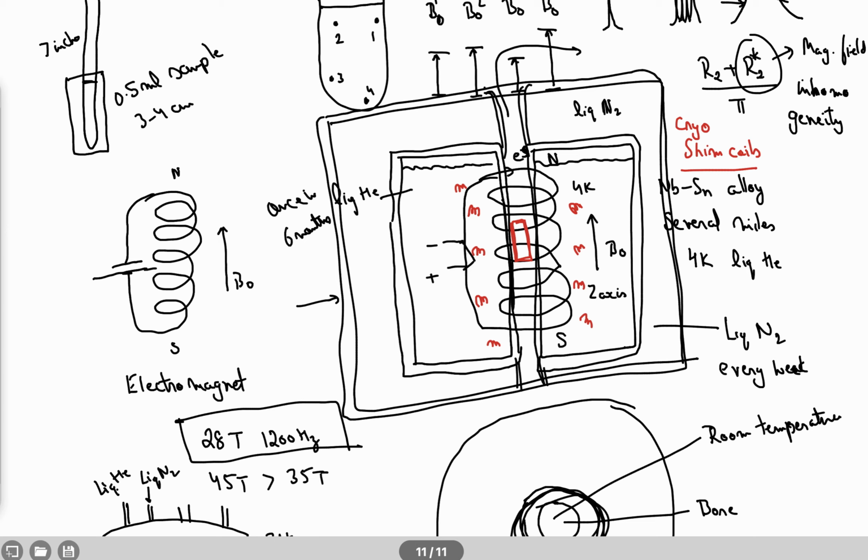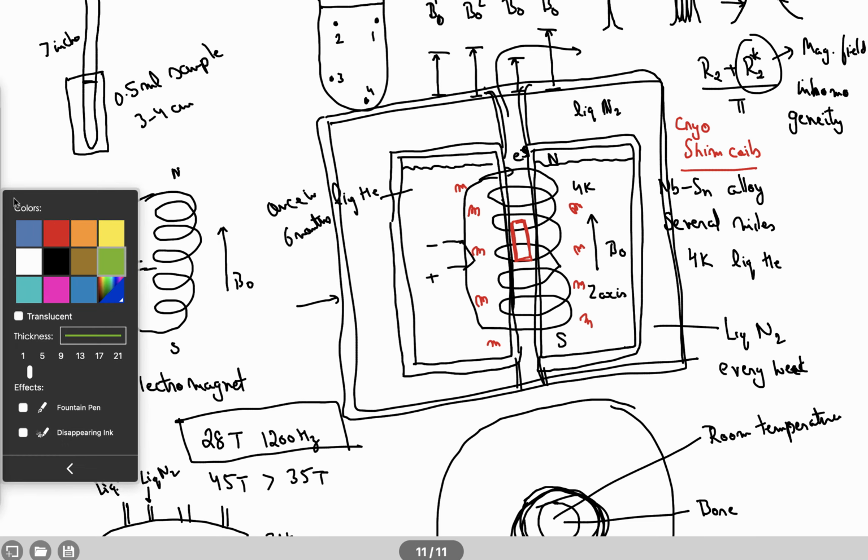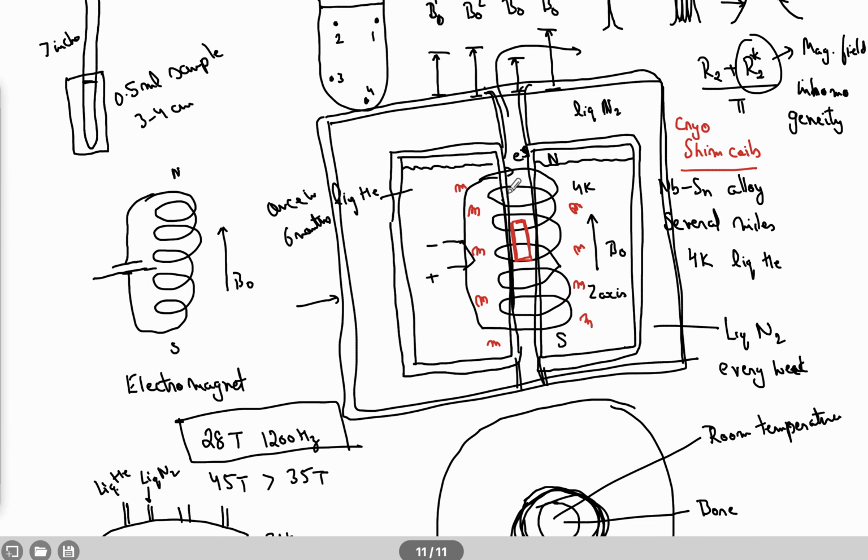Now, in addition to these coils, there are room temperature shim coils which are installed inside the bore over here. These are RT shim coils, that is, room temperature shim coils. So why do we need these additional shim coils? Whenever we insert our sample from the top to the inside, the samples have their own magnetic susceptibility, right?